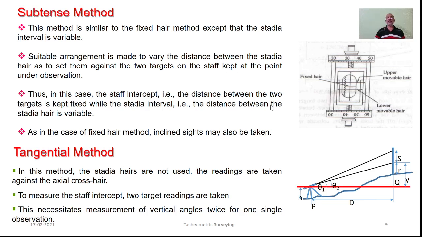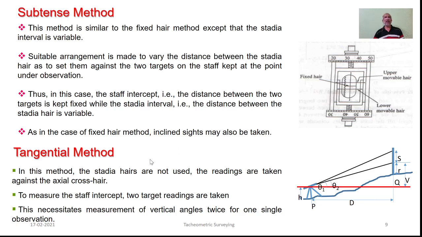Thus, in this case, the staff intercept, that is the distance between the two targets, is kept constant, while the stadia interval, that is the distance between the two stadia, is variable. Whatever we do in the case of the fixed hair method can also be done by making use of the subtense method.